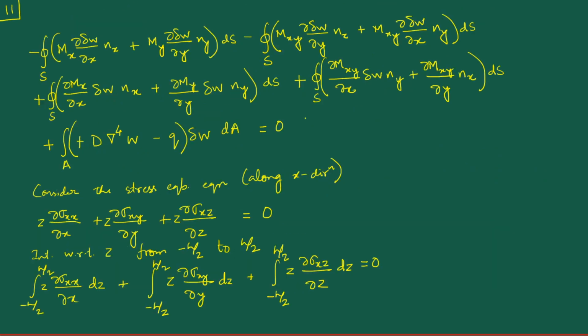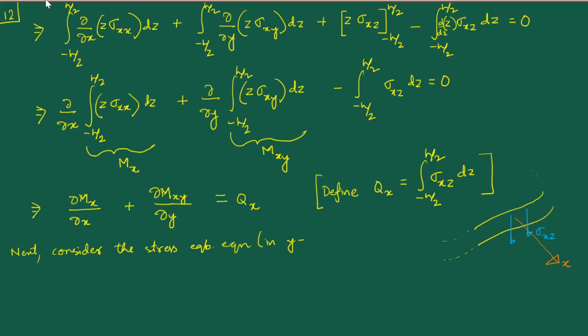Earlier, as you can see, we have taken it along the x direction, and now we are going to take it along the y direction. So what we're going to have is del sigma xy del x plus del sigma yy del y plus del sigma yz del z, that is equal to 0.